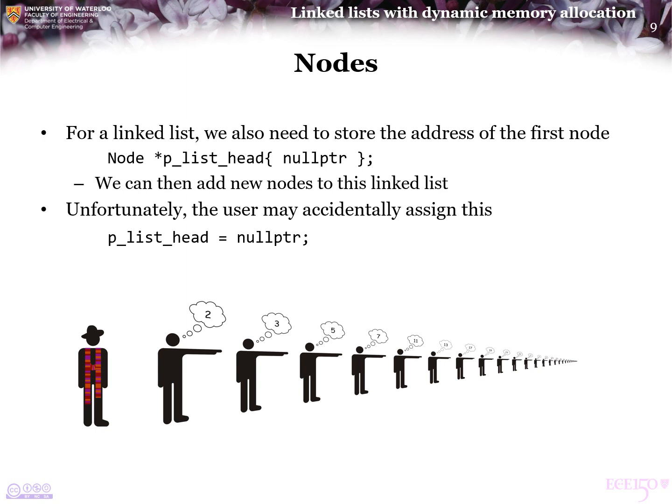And so while the first node still has the address of the second node, and so on and so forth, if we don't have the address of the first, we cannot access any of the others. So consequently, we have the potential for a very large memory leak if we accidentally assign pointer to list head the wrong value.